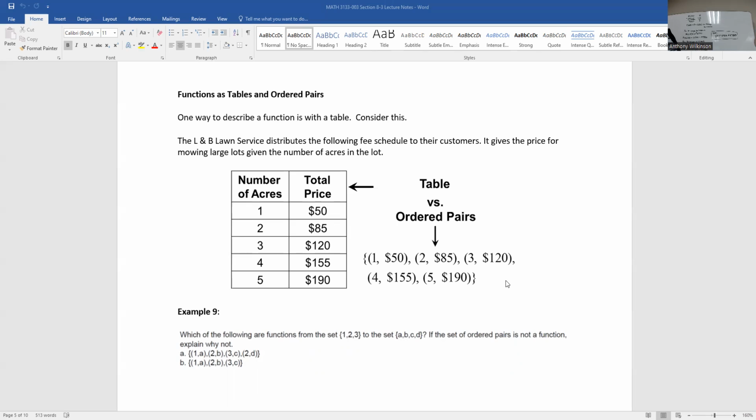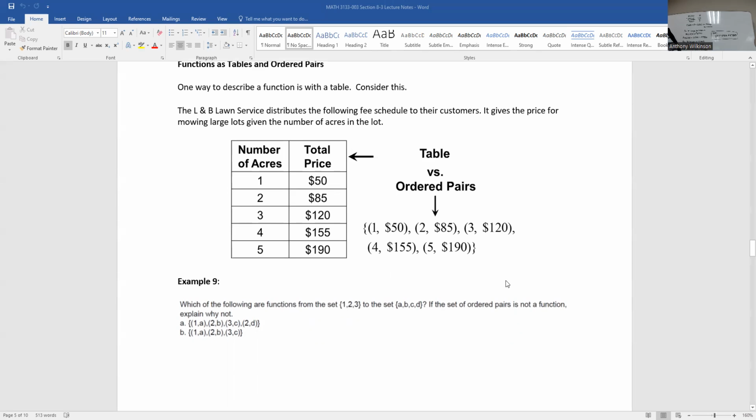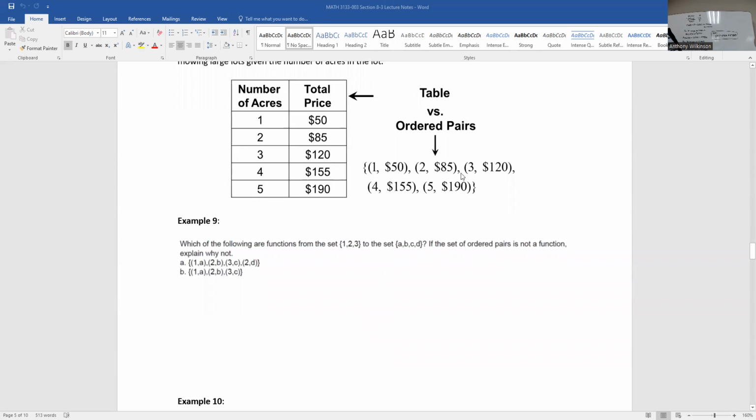The way we can determine whether a set of ordered pairs is a function is we have to look at the x coordinate only. If that x coordinate repeats, then the relation would not be a function. And by the way, the word relation is just a set of ordered pairs.